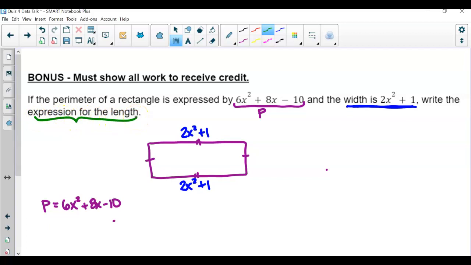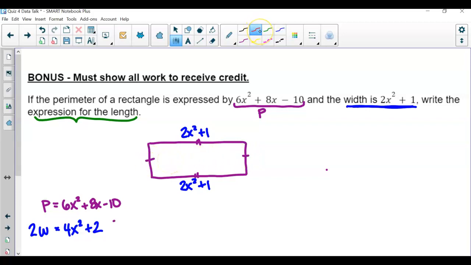So right now, between the width alone, I have 2x squared plus 1, plus the other 2x squared plus 1. So just from the two sides of the width, we've got 4x squared plus 2 from combining my like terms. So now I need to figure out what these two sides here have to be.